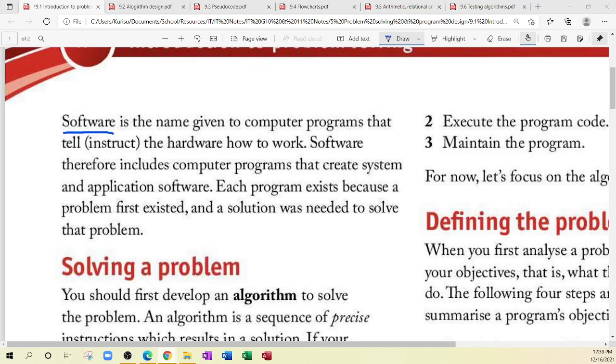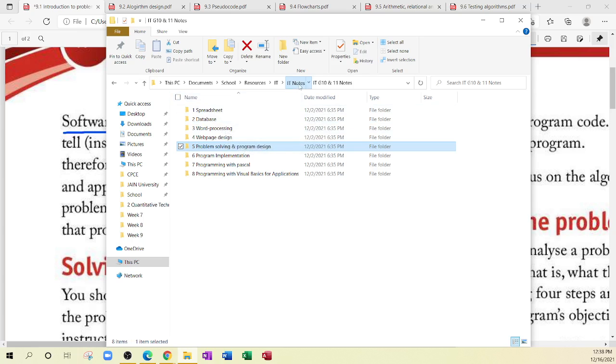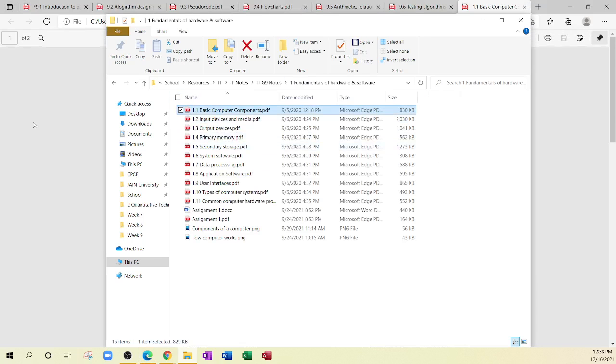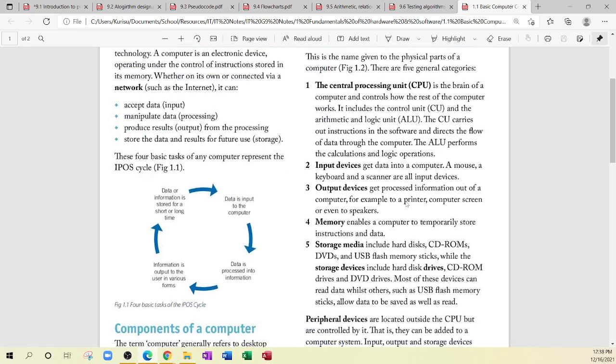Sorry, memory. Yes, memory. So those are the 5 components. If we go back to foundation, basic computer components. So the 5 components of a computer: the central processing unit, input devices, output devices, memory, and storage media. Those are the 5 categories of hardware that makes up a computer, basically physical parts of a computer.